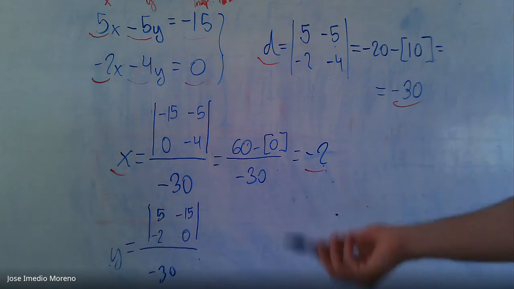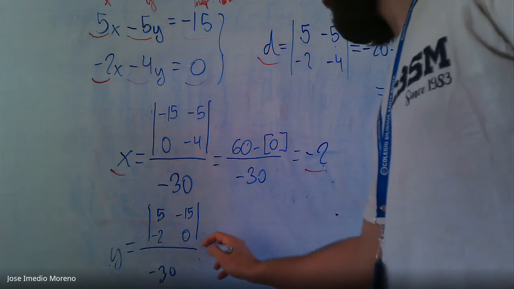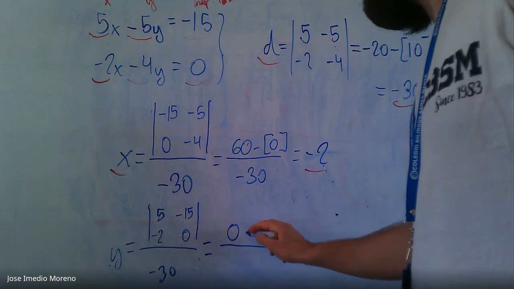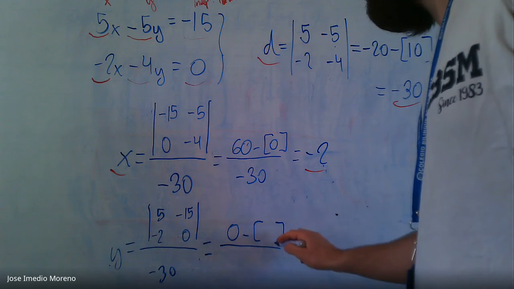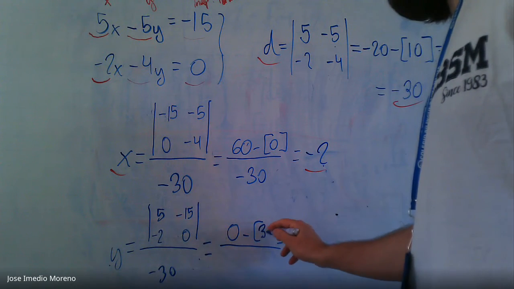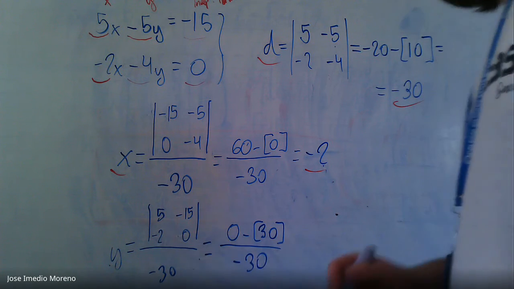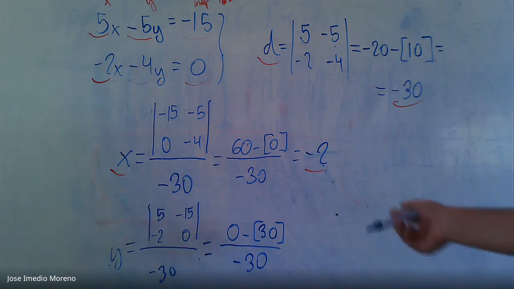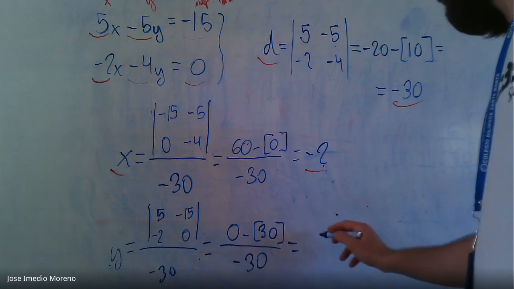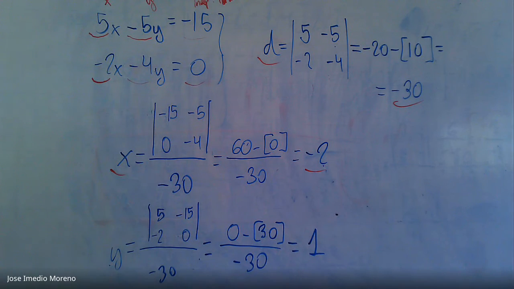So now this determinant is 5, minus 2, minus 15, 0. This gives me 0 minus minus 2 times minus 15, which is 30 positive, so this is minus 30. Minus 30 divided by minus 30 is 1.